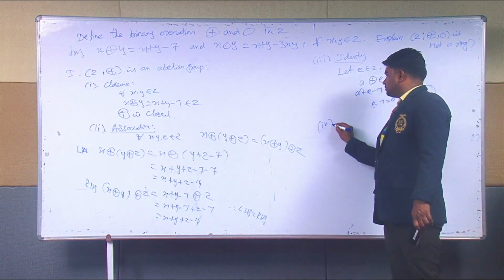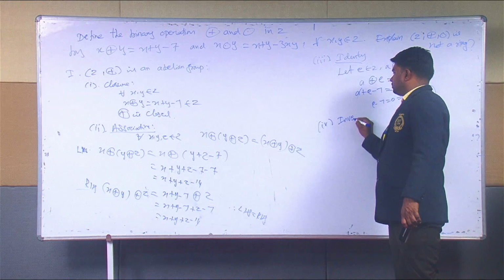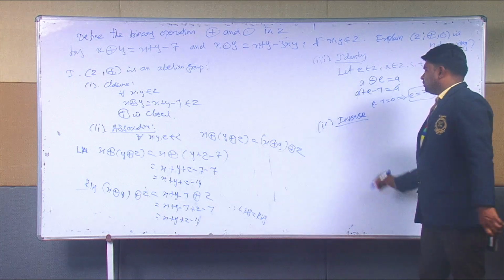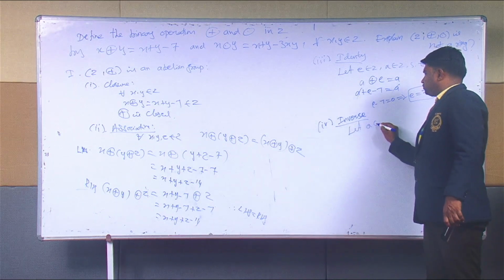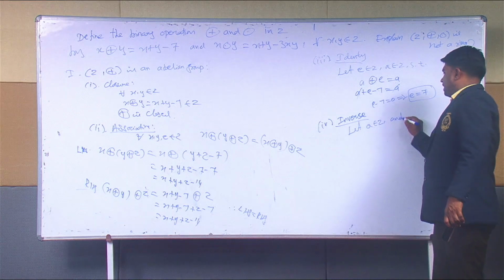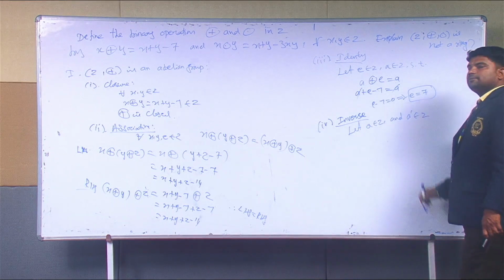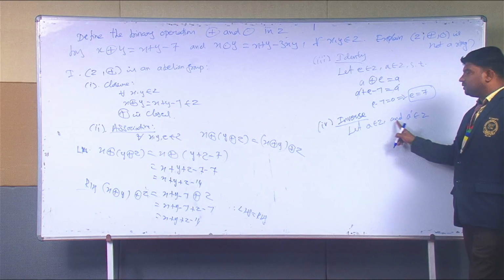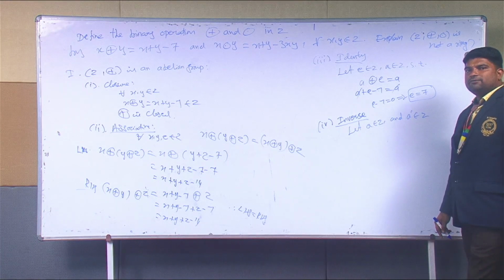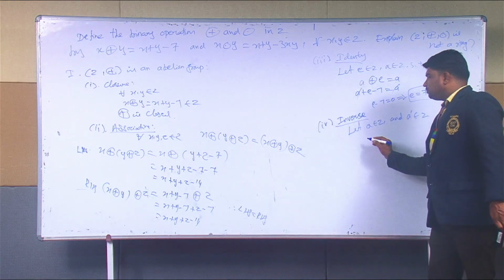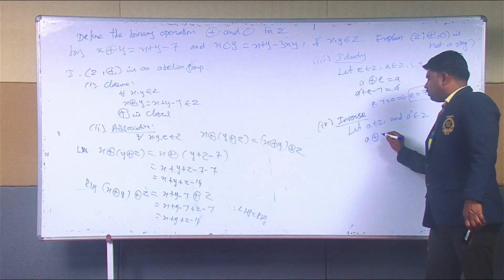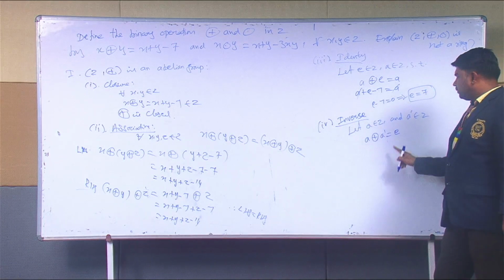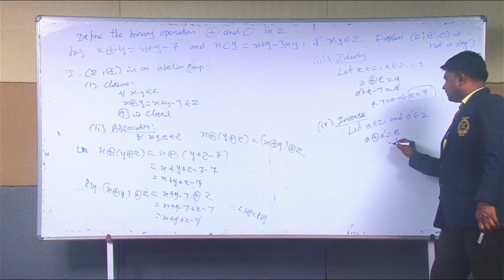Next, inverse. Let A belongs to Z and A dash belongs to Z. I want to find this inverse element, where A dash is the inverse of A. What is the inverse axiom? Under addition modulo, A addition modulo A dash is equal to E. Already found E is 7.